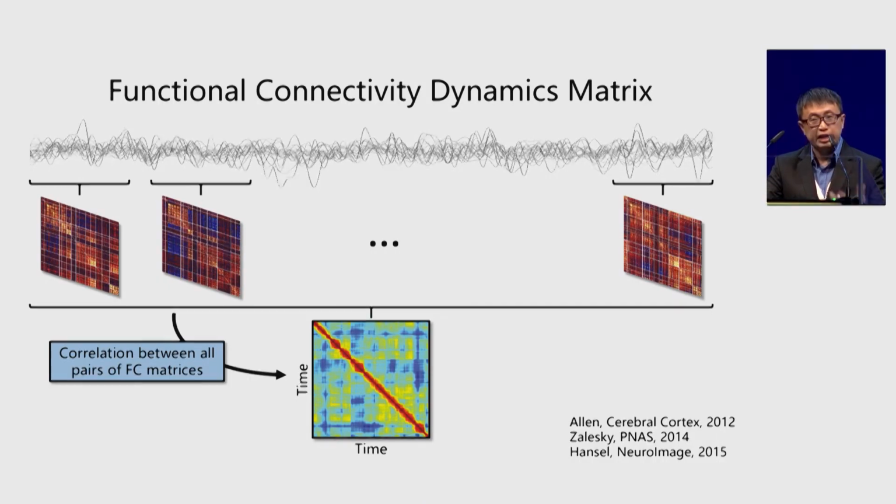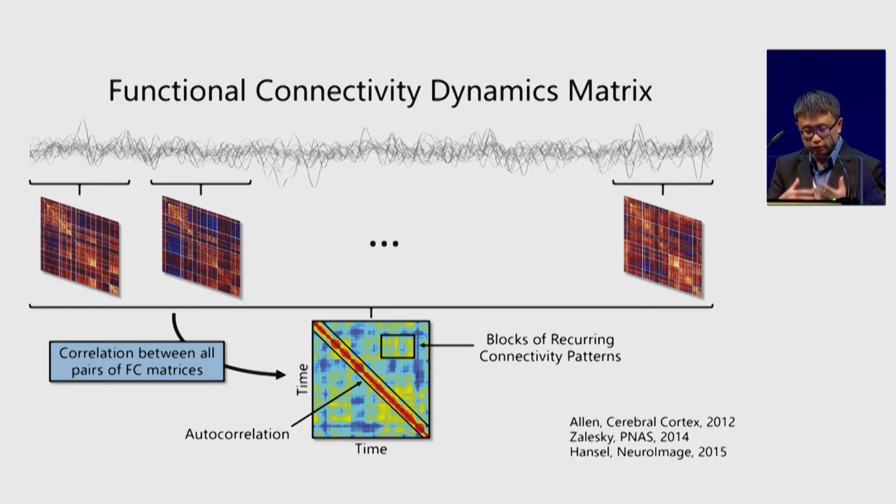You can see that there's an interesting pattern in this functional connectivity dynamics matrix. For example, the diagonal is all red, which is a result of autocorrelation in fMRI data and overlapping sliding windows. What is interesting is the off-diagonal patterns. There seem to be these blocks of recurring connectivity patterns. And this has intrigued quite a number of people in the community.